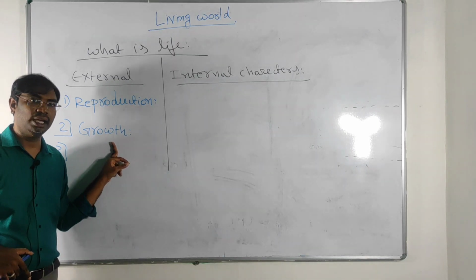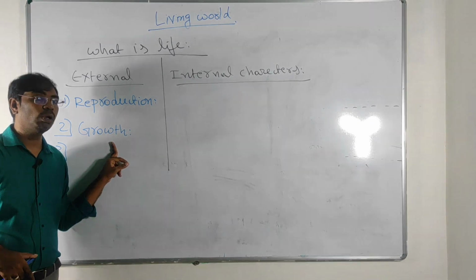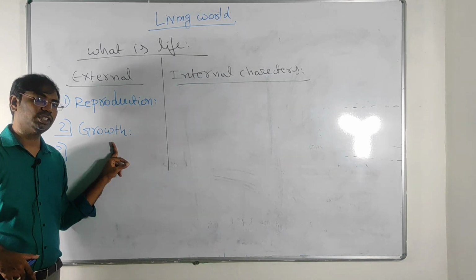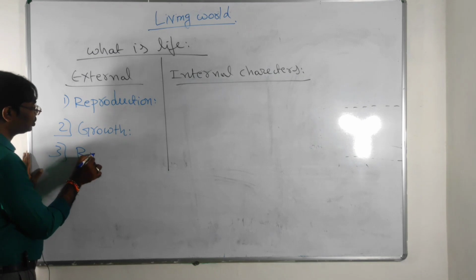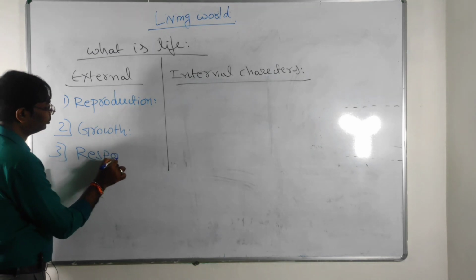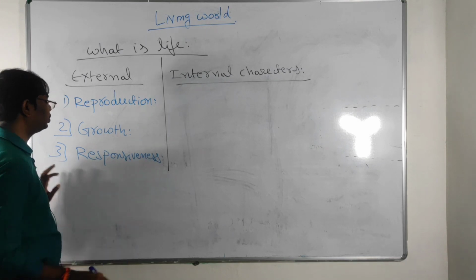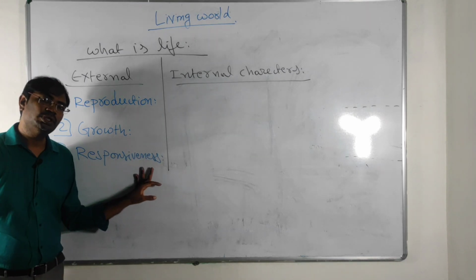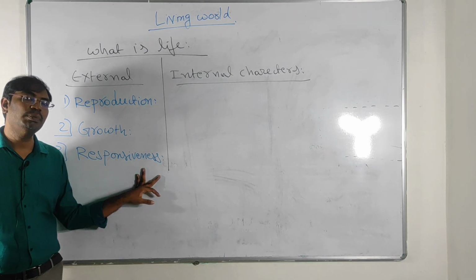Suppose you take a plant. One month back the plant height may be 1 centimeter, now maybe 10 centimeters. More means it is indicating growth. And another one is responsiveness, which we can also observe from the outside. Suppose you keep the plant in shady areas, the plant leaf will become white because of lack of sunlight.